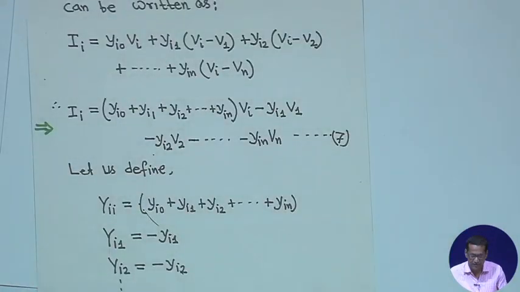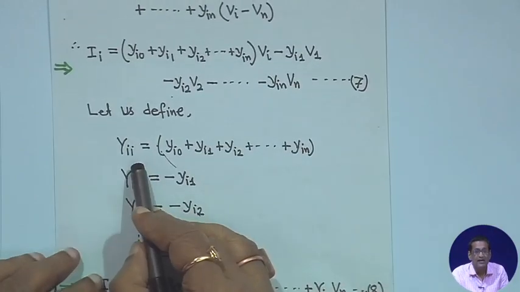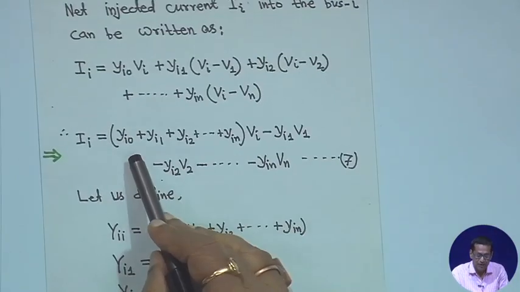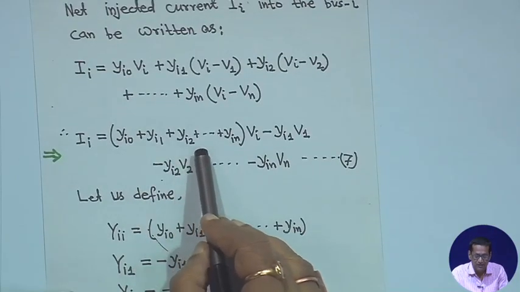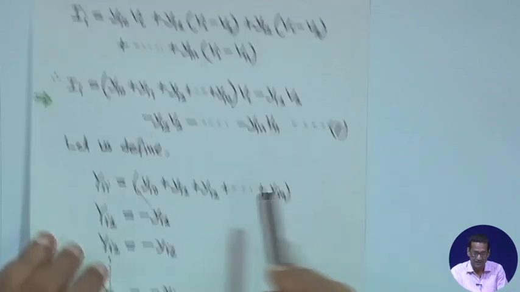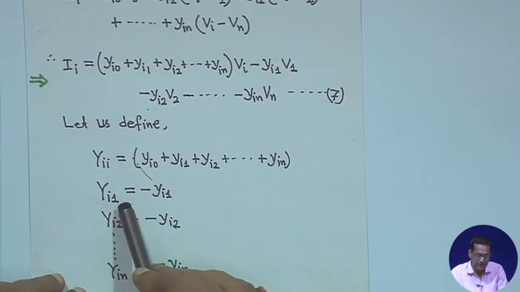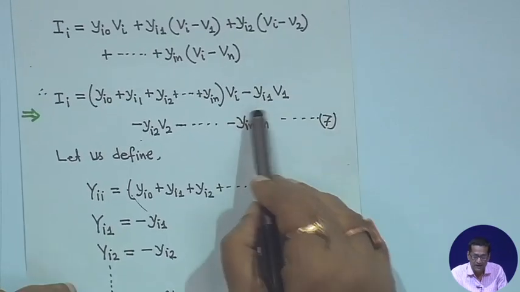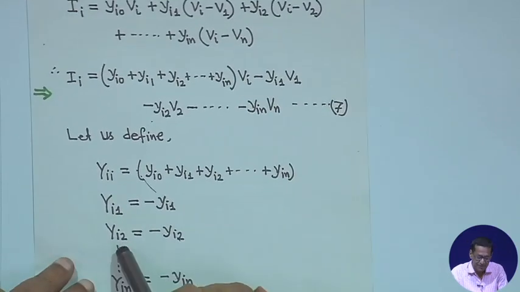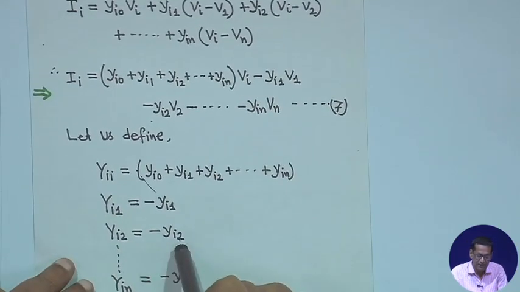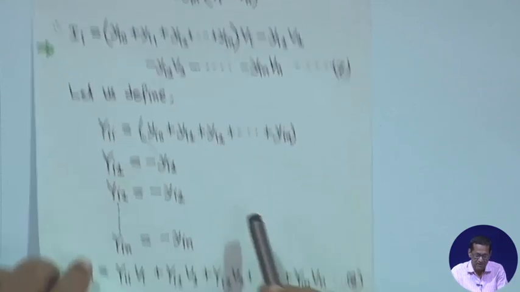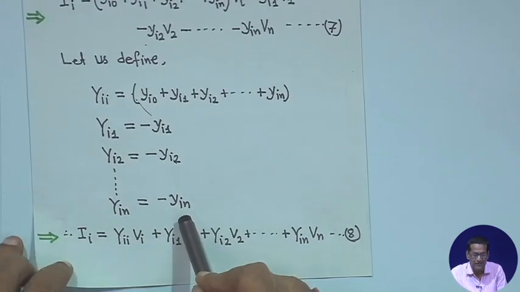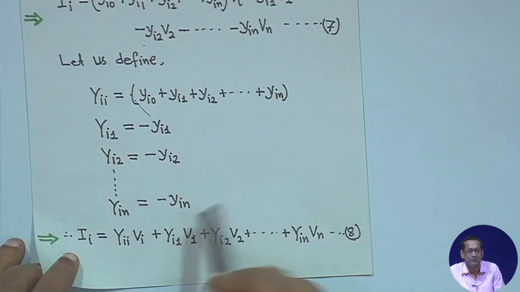Now let us define capital Y_ii is equal to y_i0 plus y_i1 plus y_i2 up to y_in. Then capital Y_i1 you define as minus small y_i1, capital Y_i2 as minus small y_i2, and so on up to capital Y_in is equal to minus small y_in.